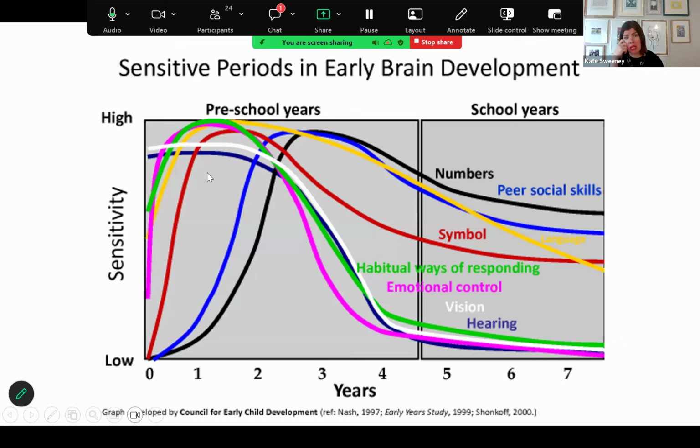Things like habitual ways of responding, so sleep patterns, those types of things are often seen in that green line. Hearing, understanding, so the language is the yellow. Peer social skills, we have a little bit more time, but again, all of these things are so important for scaffolding and environmental considerations in those early years.